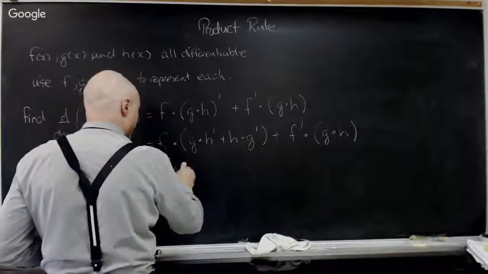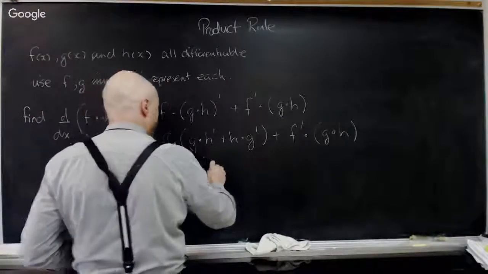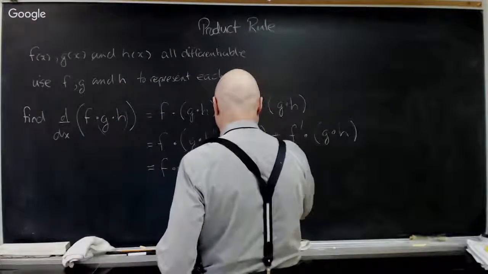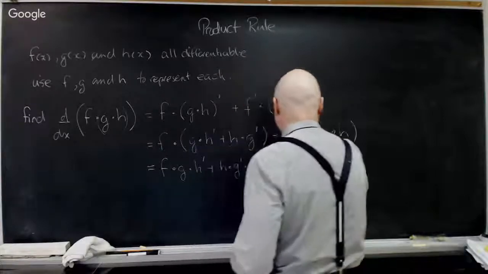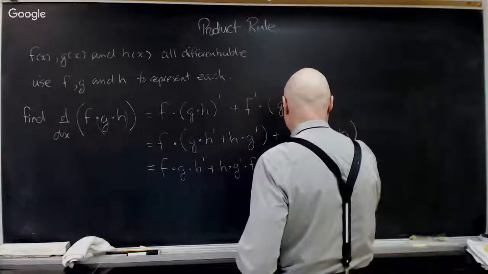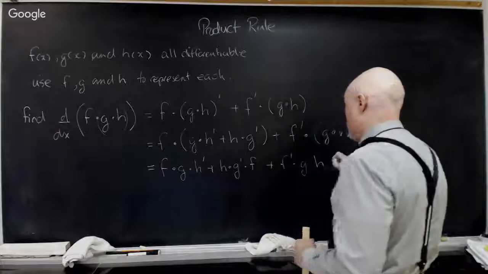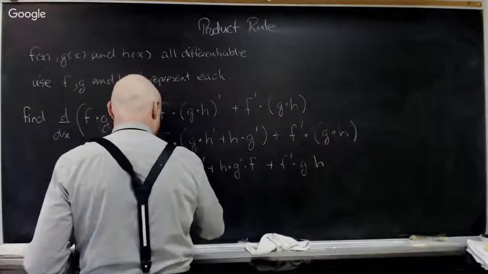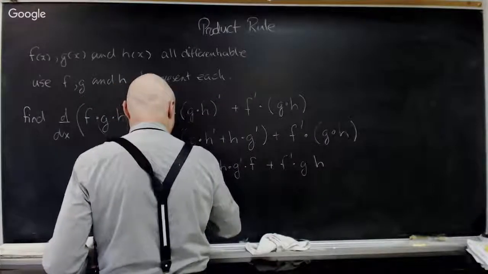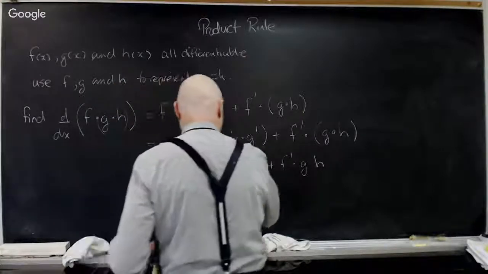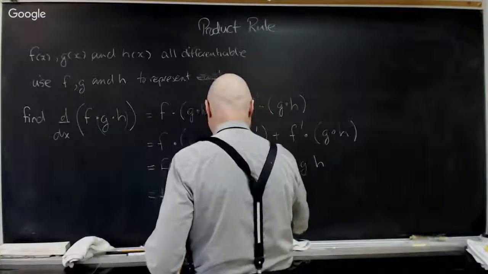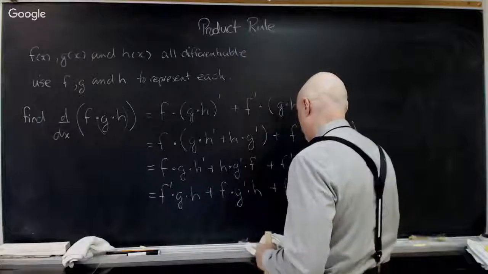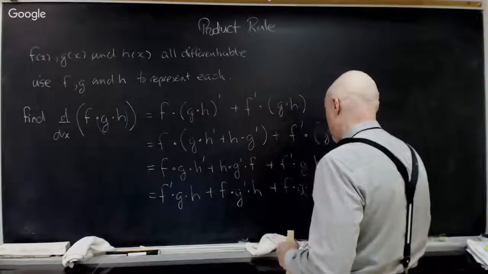This is f times g times h primed plus h times g primed times f plus f primed times g times h, which I could rearrange just to make it tidy: f primed times g times h plus f times g primed times h plus f times g times h primed.